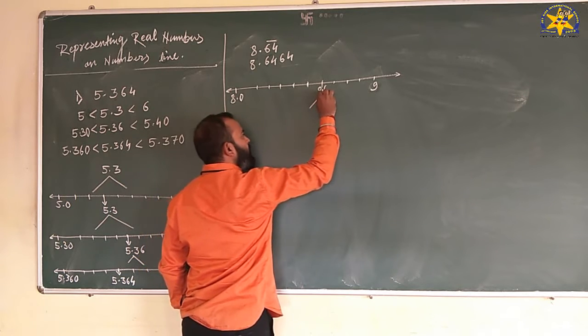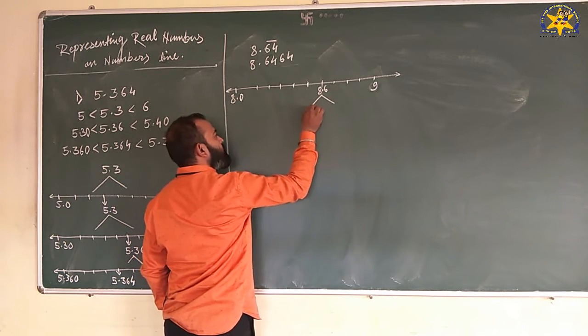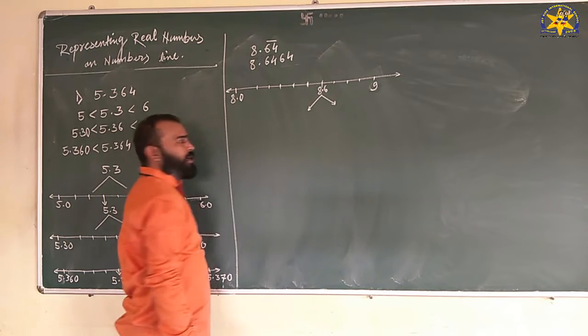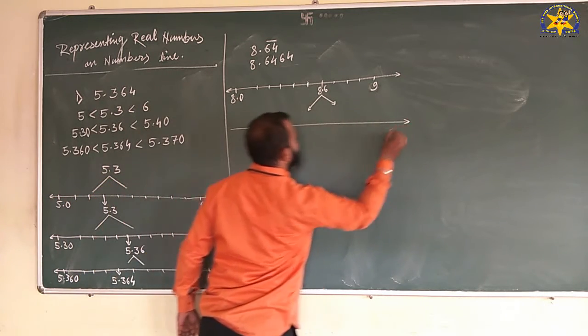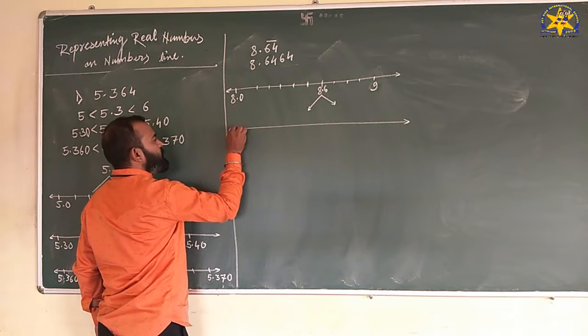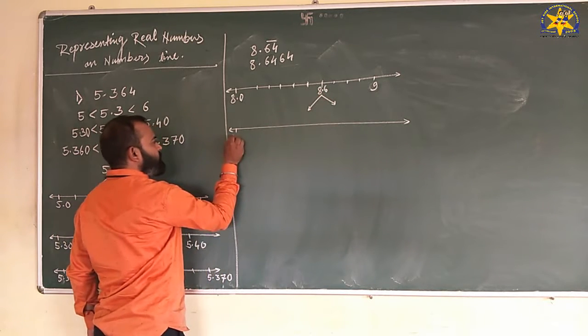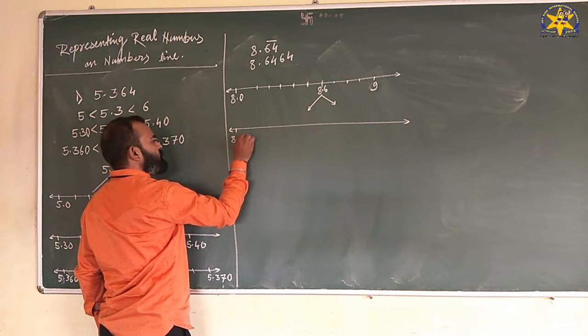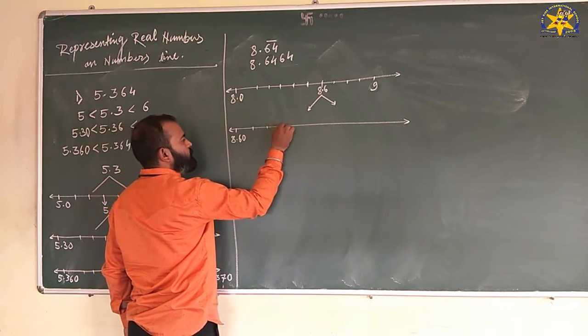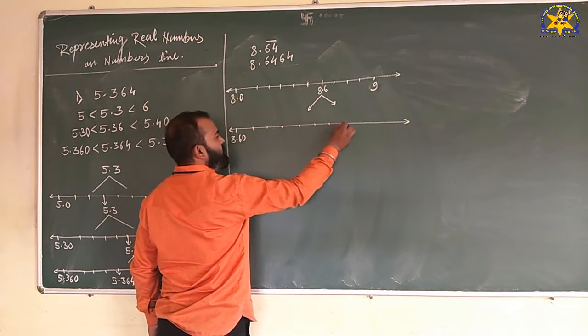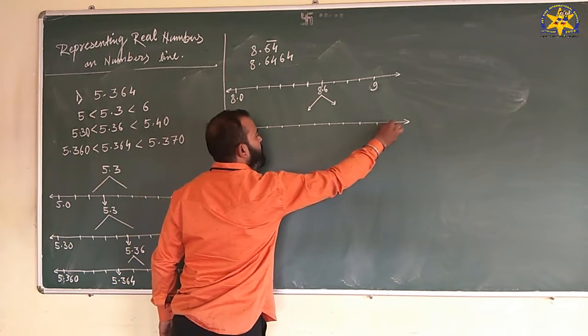We will zoom 8.6. After magnifying 8.6, see how it will be magnified. Here will be 8.60, with 10 divisions: 1, 2, 3, 4, 5, 6, 7, 8, 9, 10.